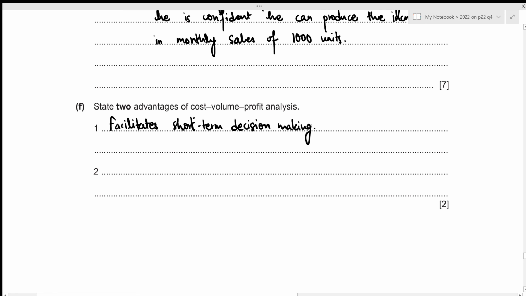And the next one, as the name suggests, cost volume profit, it helps control cost in order to maximize profitability. Helps control costs to maximize profitability.